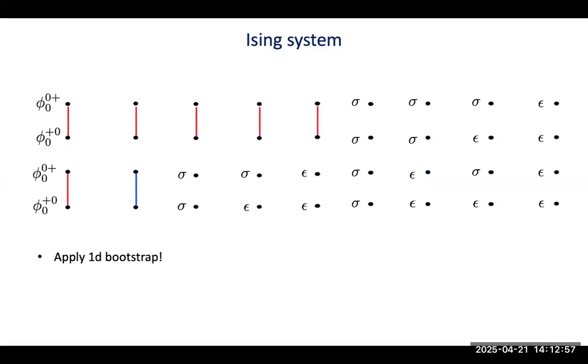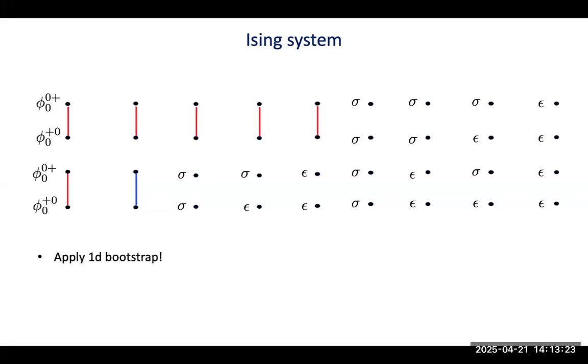Two defect segments of the same type, two defect segments of opposite symmetry breaking, and a single segment mixed with two sigmas, sigma epsilon, and epsilon epsilon. Remember, these are the Z2 odd and Z2 even fields of the bulk Ising, and just 4-point functions of Ising in a collinear geometry.